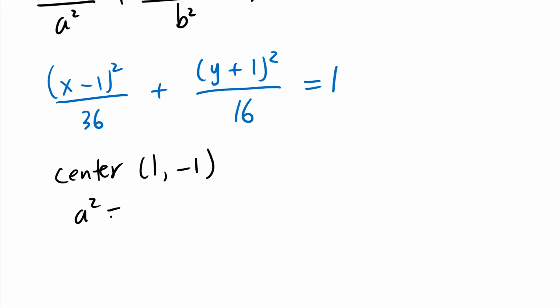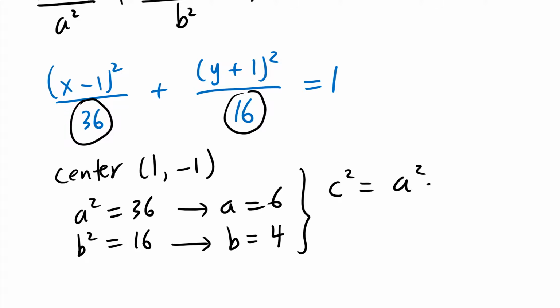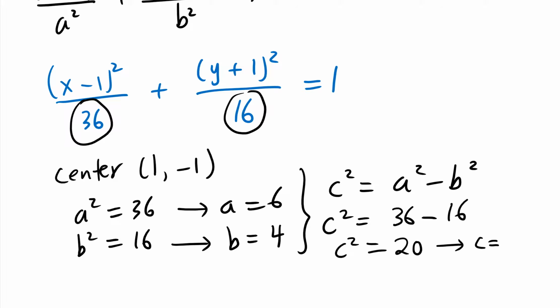We have a squared is 36, a is 6, b squared is 16, b is 4. From these two, c squared is a squared minus b squared, 36 minus 16. c squared is 20, so c is the square root of 20, which is 4 times 5, 2 square root of 5.